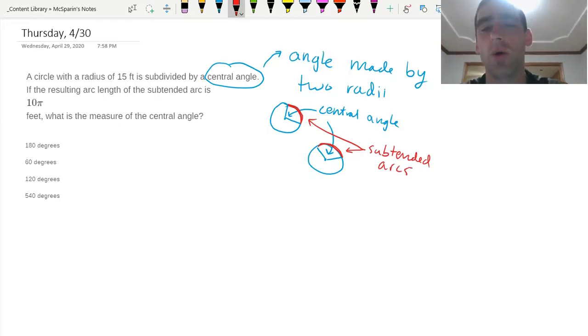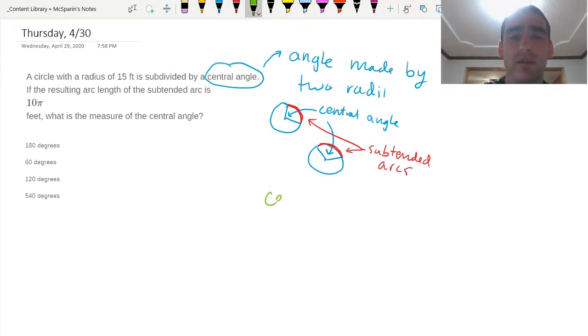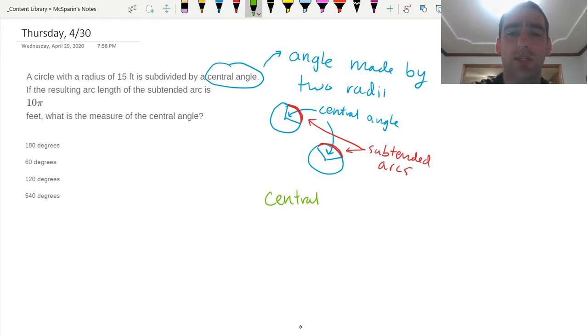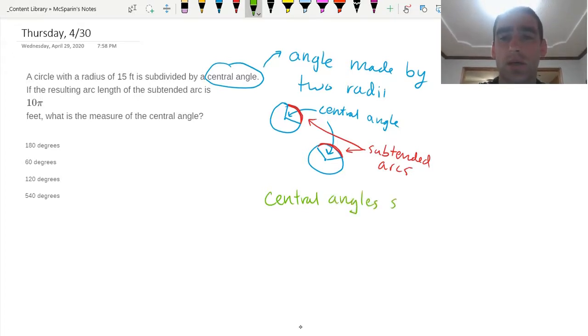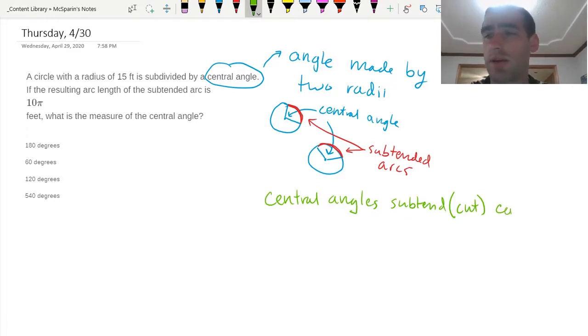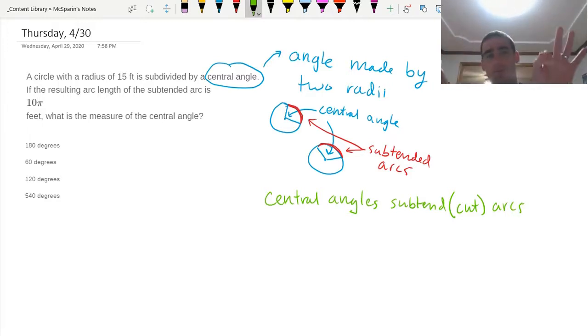So arcs just go along the edge of the circle. And remember this, central angles subtend, and I like to think of the word cut. They cut arcs. And arcs are just little segments of the outside of the circle.